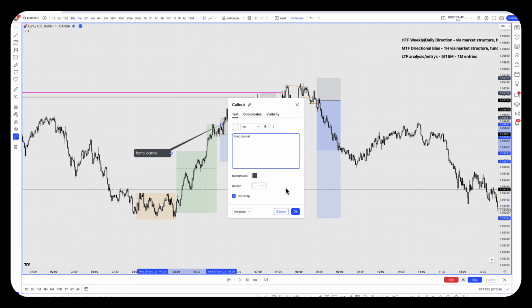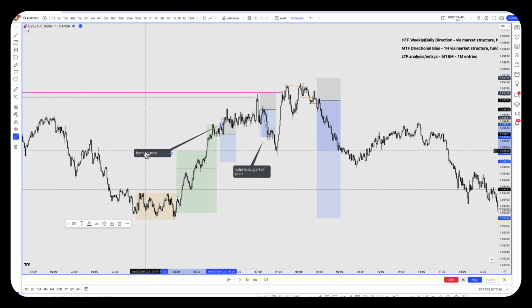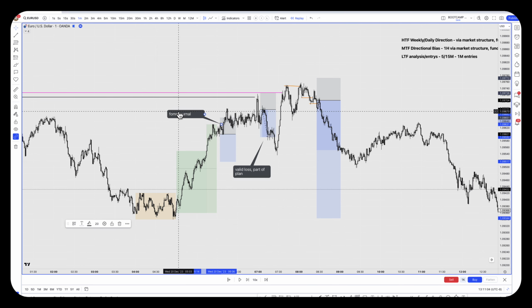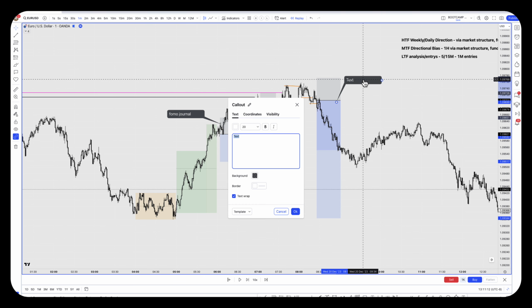The reason I'm showing you this first, before we get into the backtesting notes, is I backtest the exact same way. So my journal would say something along the lines of: displacement hit, 1x 5R, 1 loss.